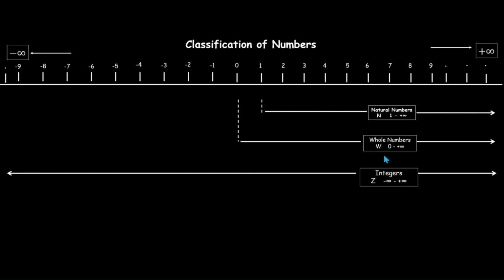So they contain all the whole numbers and in effect contain all the natural numbers as well. Additionally, integers include all the negative numbers as well. So it ranges from negative infinity to positive infinity, and it is represented with symbol Z. So integers is a superset of whole numbers and obviously natural numbers, and these two are subsets of integers.